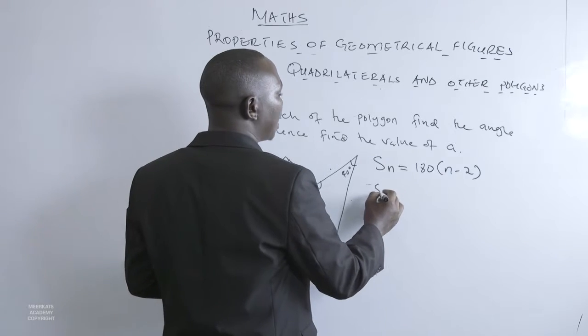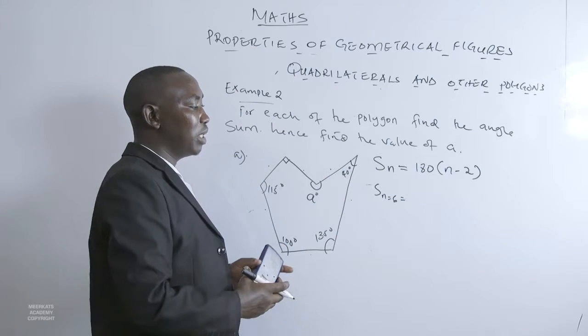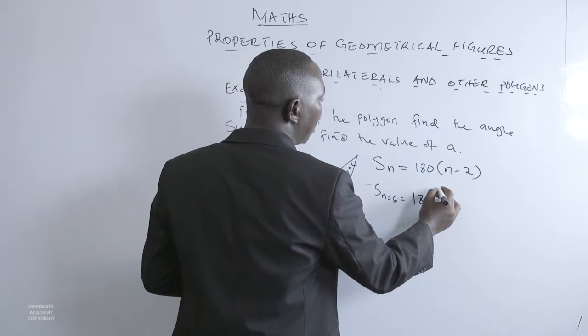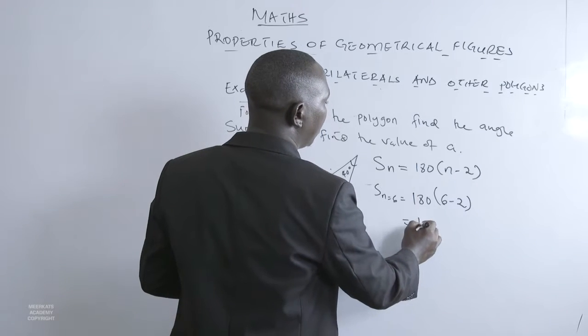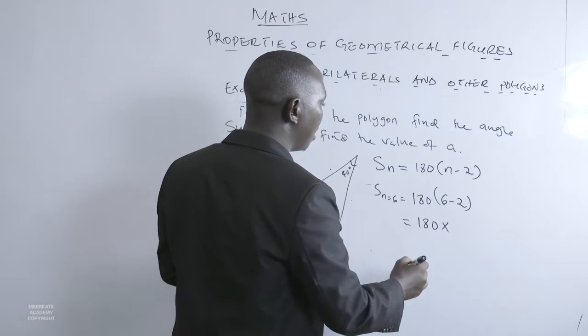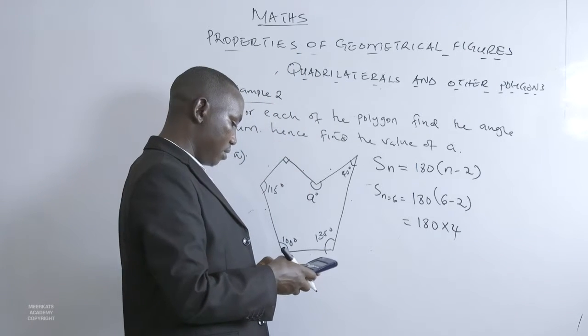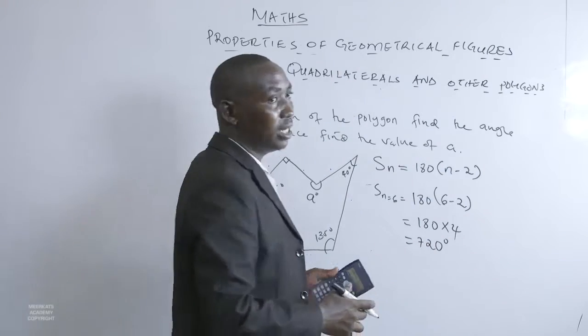So for the sum of interior angles of this particular polygon, where n is 6, it will be 180 into 6 minus 2. This will give us 180 multiplied by 4, which will give us 720 degrees.